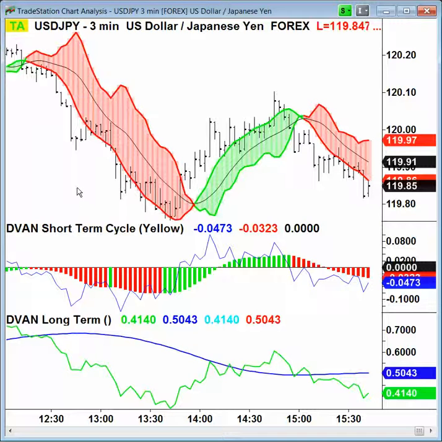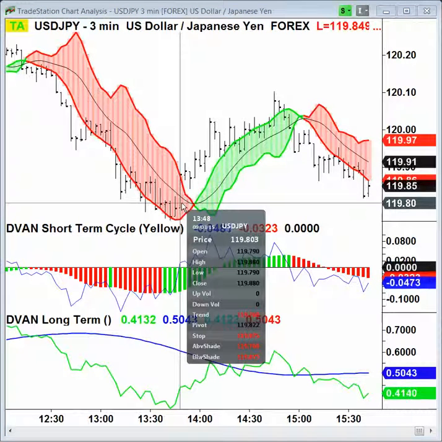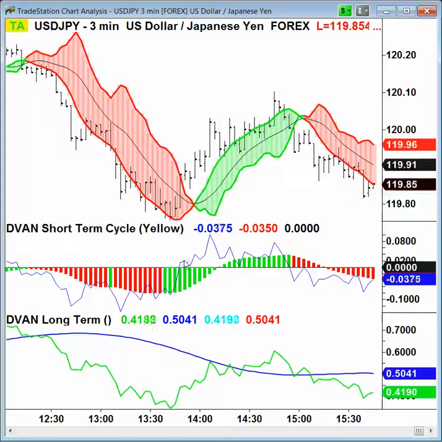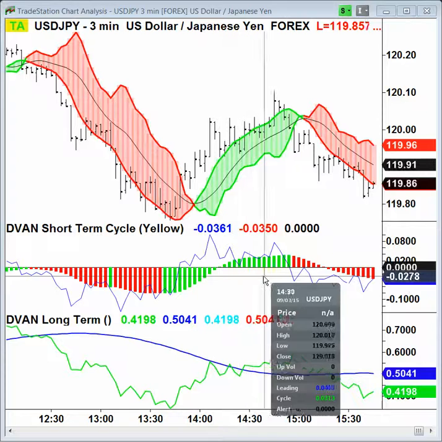So our next signal to watch would be at the 1:48 interval on the 3-minute chart, 1:48 p.m. Eastern Time. We see the three indications that we want to see to take a long position. Prices closing above the pivot line, the leading line in the short-term cycle above zero, indicating positive short-term force, and a green histogram, meaning that we've already been identifying the possibility for an uptrend in the short term.